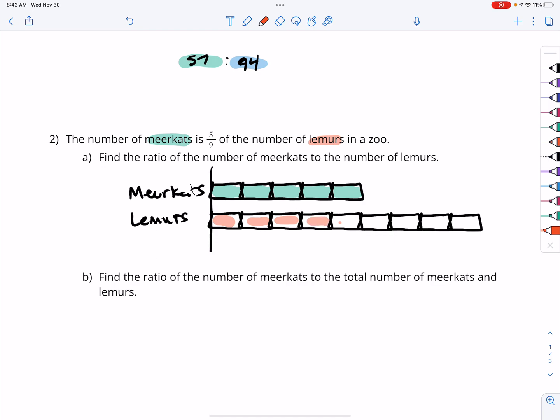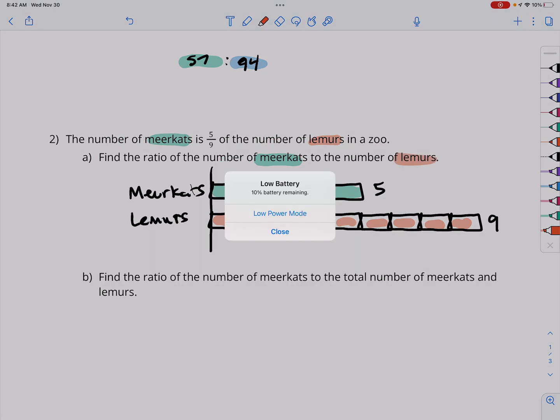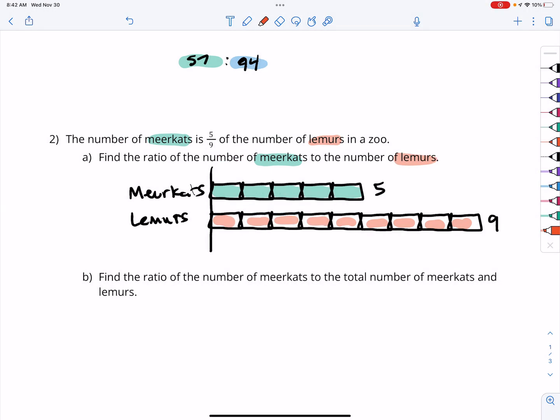So if we look at our picture here, we now have a ratio of 5 to 9, which is awesome. So the ratio of our number of meerkats to the number of lemurs, I know my battery's low, is going to be 5 to 9.